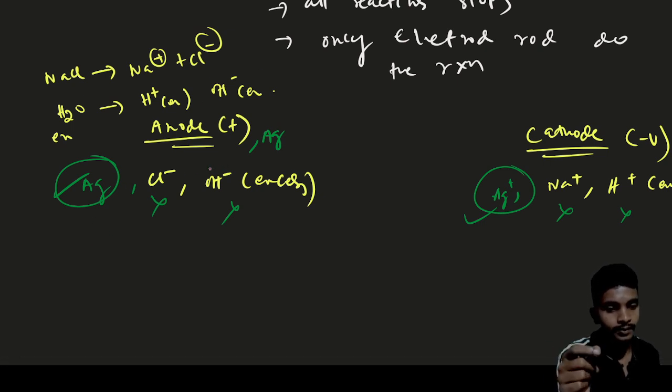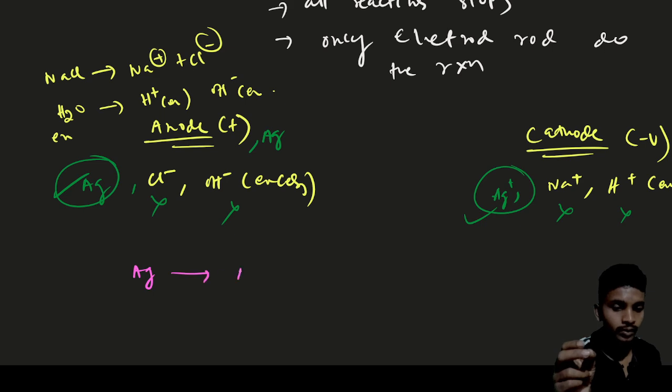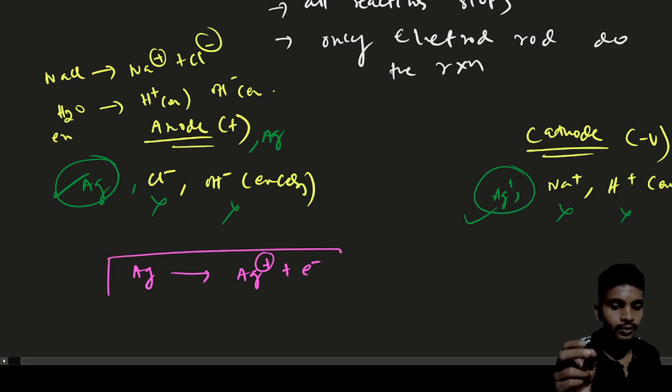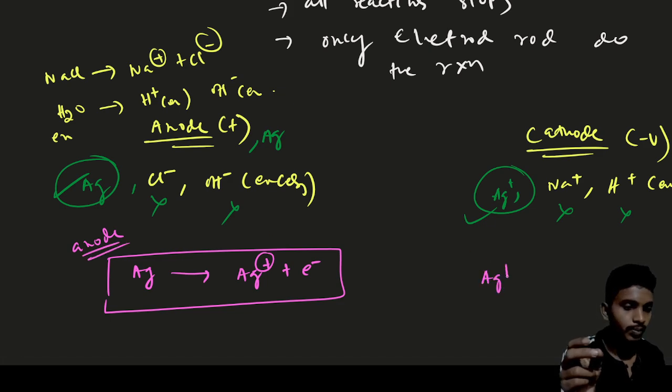At the anode it is oxidation, loss of electrons, giving Ag plus and electron minus. This happens at the anode. At the same time at the cathode, Ag plus will gain an electron and form Ag.